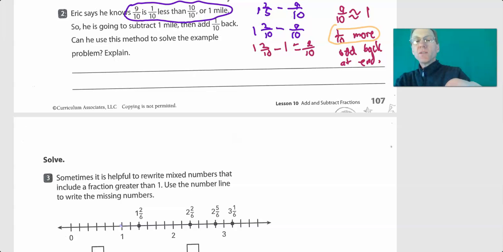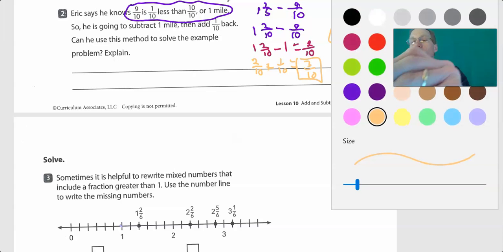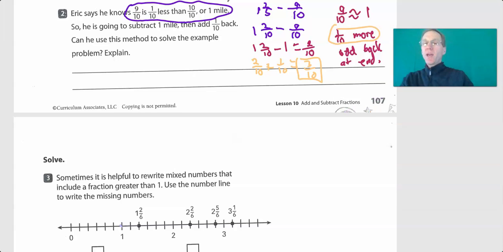And 2/10 plus that 1/10 equals 3/10. And that's what we got. Remember, that's what we got originally? It's a great strategy, and you can add and subtract at the end, or subtract and then add at the end, as long as you go back and correct.